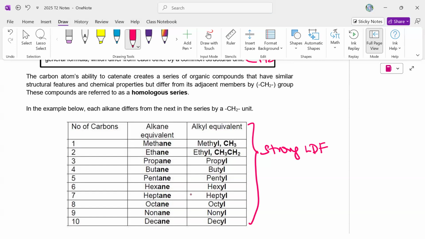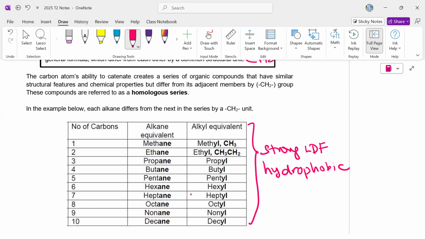And not only that, they are getting more and more insoluble in water, because this alkyl chain is what we call hydrophobic. So they are afraid of water, or they do not mix well with water. So as the carbon chain increases, the London dispersion force increases, and the increasing insolubility in water will be seen.